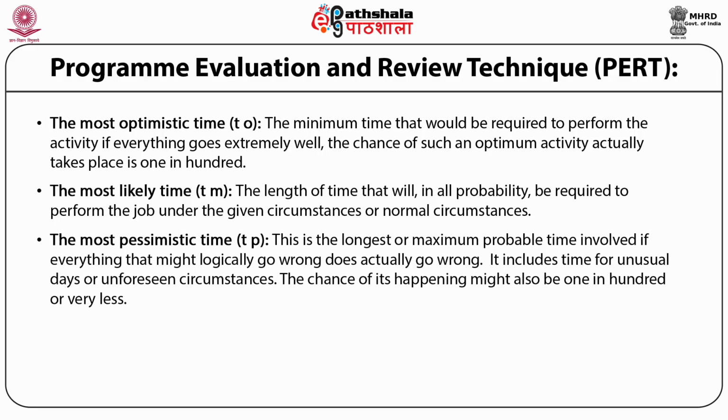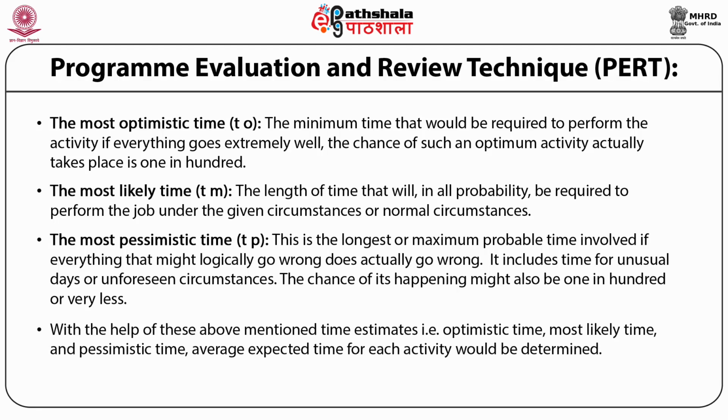The most pessimistic time, TP, is the longest or maximum probable time involved if everything that might logically go wrong does actually go wrong. It includes time for unusual delays or unforeseen circumstances. The chance of its happening might also be 1 in 100 or very less.